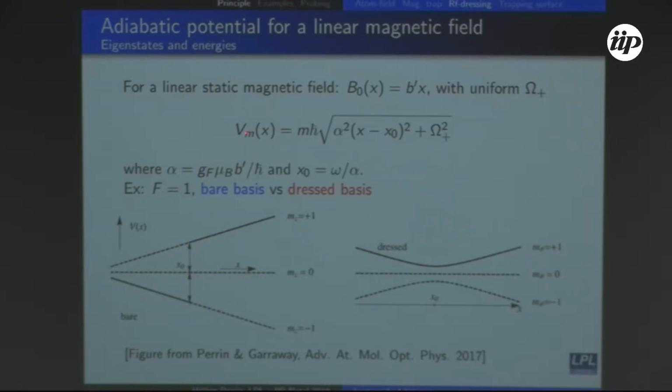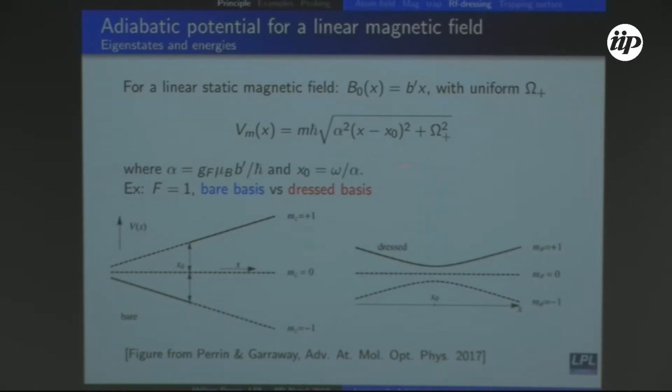Okay, so let's consider a very, very simple case where the magnetic field varies just linearly with position, the simplest I can do. So in this case, the detuning, remember, it's the difference between the radio frequency and the local value of the magnetic field, varies linearly with position, because the magnetic field varies linearly with position.